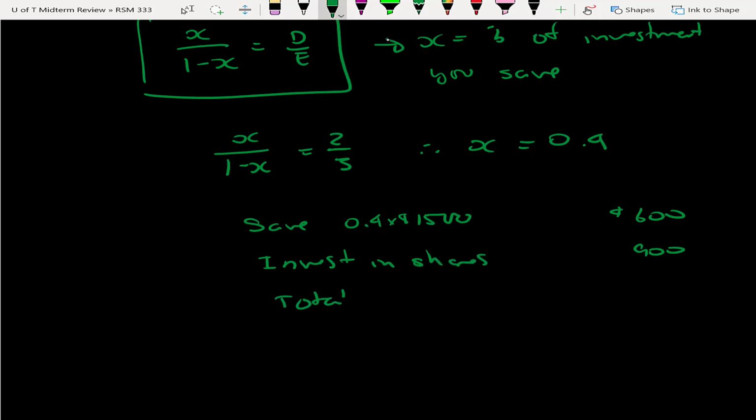So you still have the same total investment of $1,500. It's just you didn't put it all in the company shares. You put $600 of it in a bank account. And if you did that, it would be the same as if you bought $1,500 worth of shares in the exact same company with no debt to equity ratio.